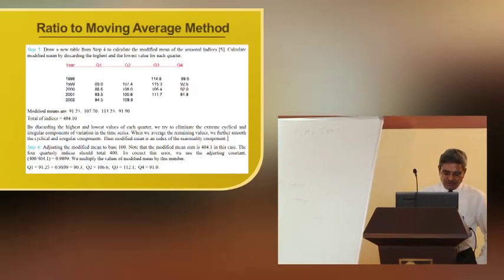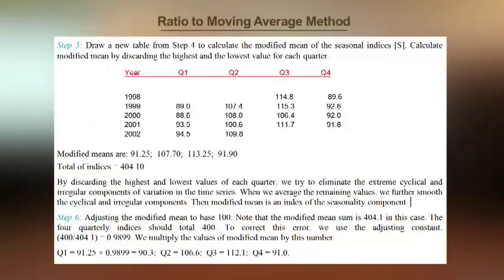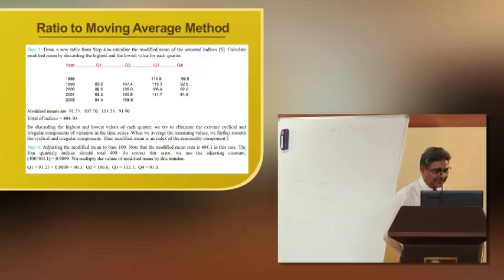So we have to reduce it to base 100, and then we will be able to construct what is called a seasonal index, right? That is done by this simple 400 by 404.10, which is equivalent to 0.9899.